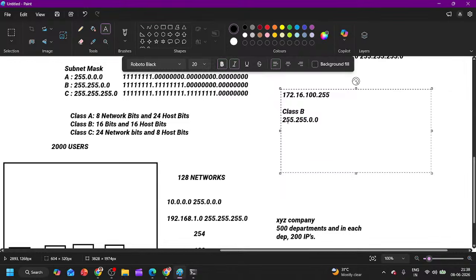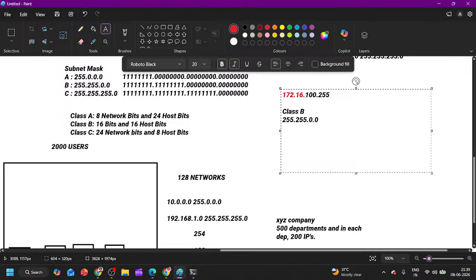In the first octet, all the bits are 1, which means this is your network portion. In the second octet also all the bits are 1, which means whatever value is there, this is my network portion. And here the decimal value 0 means host portion. This is also host portion. So these two octets are part of my network.